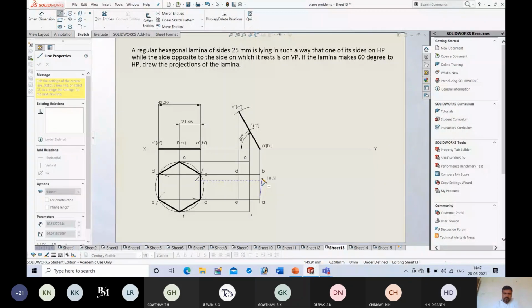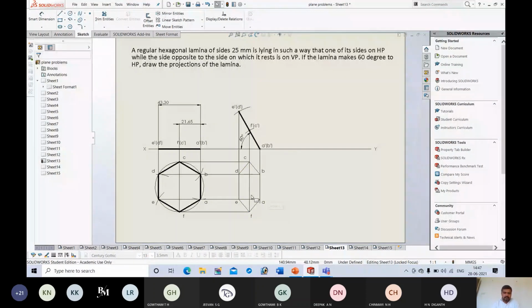It means you should use a scale. Then I will increase the thickness.